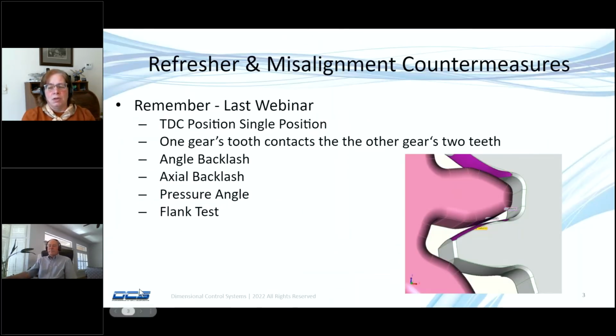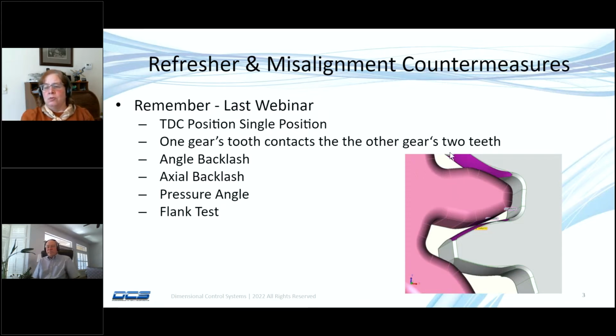All right, so last gear webinar we were talking about specifically modeling the interaction of a single tooth along the axis between the two pivots and how it interacted with the inside of the two teeth on the other gear.